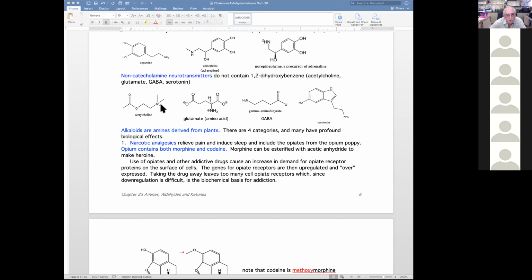It has 1, 2, 3, 4 carbon groups attached to it. That's why it has that positive charge. It's a quaternary ammonium molecule. Later on, we're going to see that this is an ester linkage right here, and this part came from a carboxylic acid, and this part came from an alcohol.